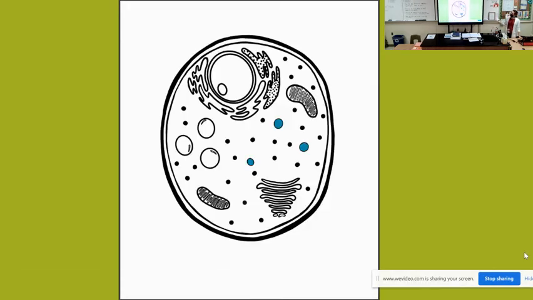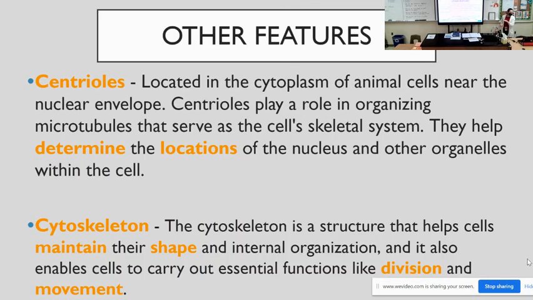Okay, so again, they are small, just little structures floating around, cleaning up things that they need to. Okay, so those other features are centrioles, which you're going to find in animal cells, and these are near the nuclear envelope. So what they do is they help organize the structures and those microtubules that help construct the cell's skeletal system, which is actually the cytoplasm.